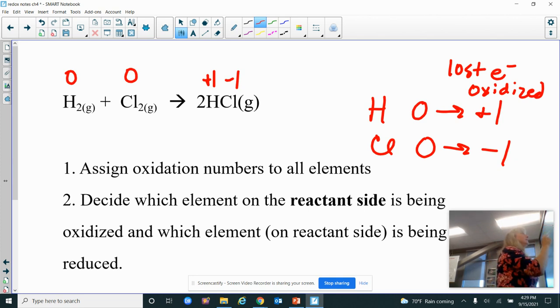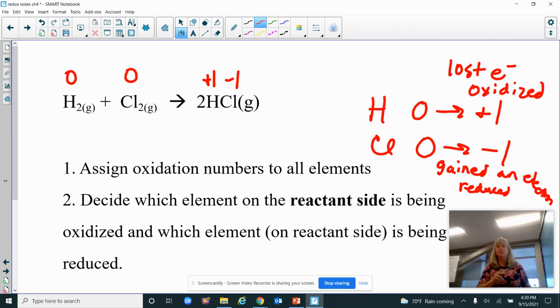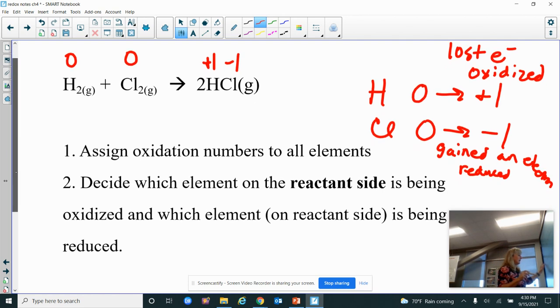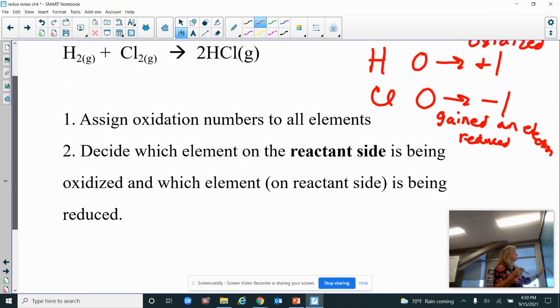Chlorine, on the other hand, in this equation, on the reactant side is 0, on the product side is -1, so it gains an electron. So it's being reduced. If the charge is getting more negative, it's being reduced. If the oxidation number is getting more positive, it's being oxidized.